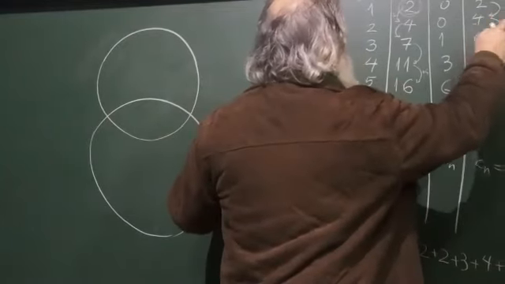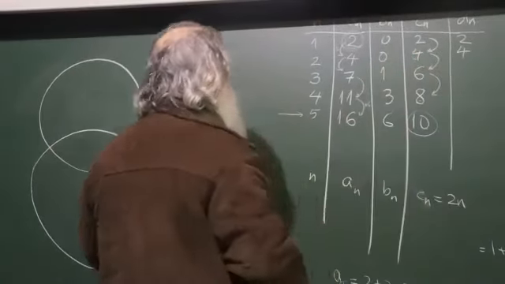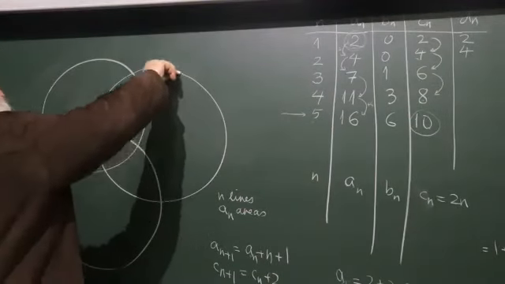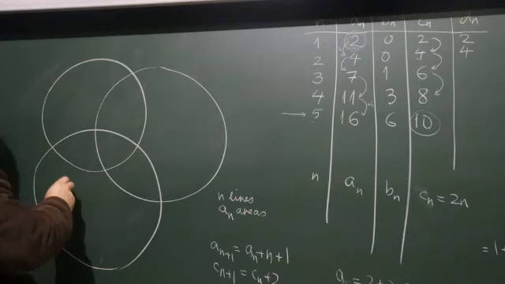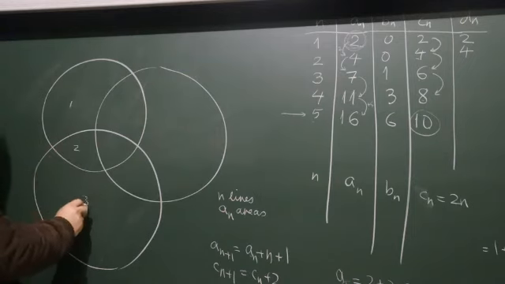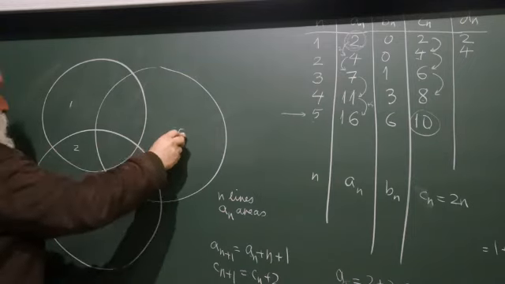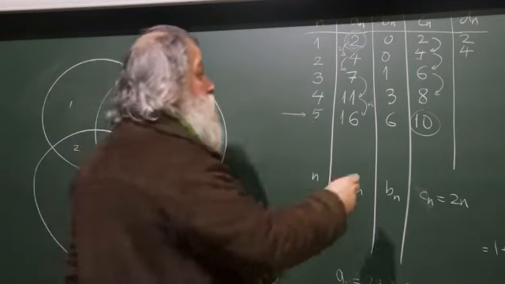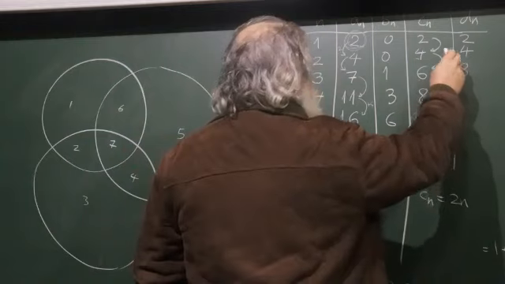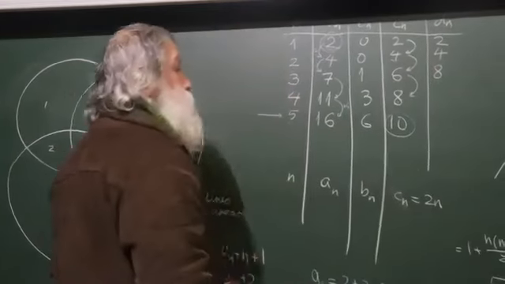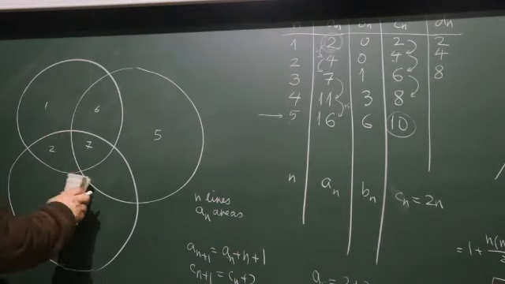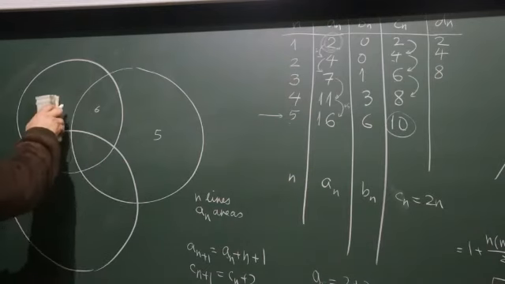It looks like they're equal now. They're all equal. With 3, let's see. 1, 2, 3, 4, 5, 6, 7, and 1 outside 8. It goes like 2, 4, 8. Now with 4, let us see if it's going to be 16.